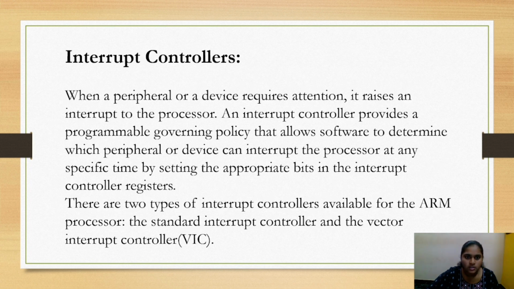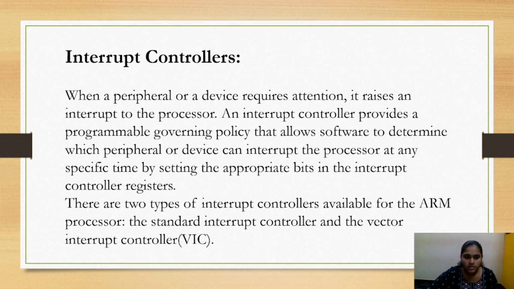Interrupt controllers. When a peripheral or a device requests attention, it raises an interrupt to the processor. An interrupt controller provides a programmable governing policy that allows software to determine which peripheral or device can interrupt the processor at any specific time by setting the appropriate bits in the interrupt controller registers. There are two types of interrupt controllers available for the ARM processor: the standard interrupt controller and the vector interrupt controller, which is known as VIC.